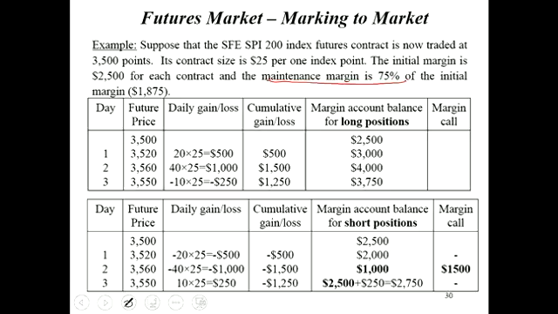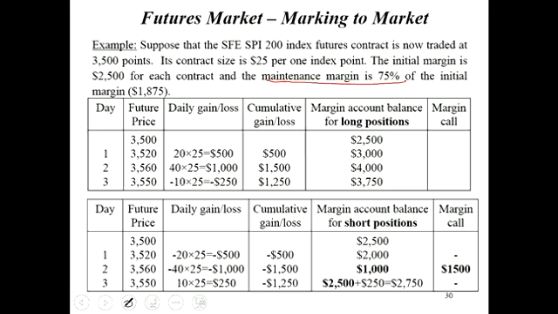So there is a little bit of risk there. But if the market really starts getting crazy, they can do this more than once a day. Every futures market will have its own defined margin in terms of initial margin and maintenance margin.